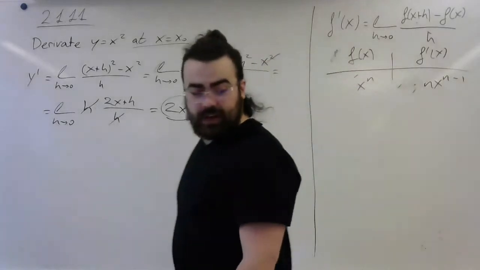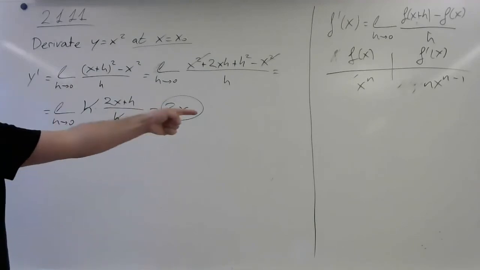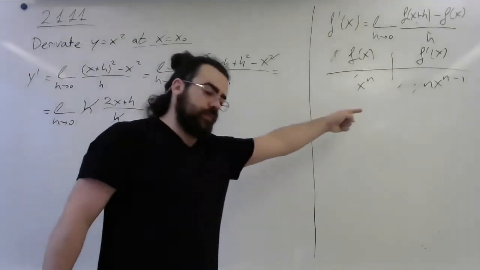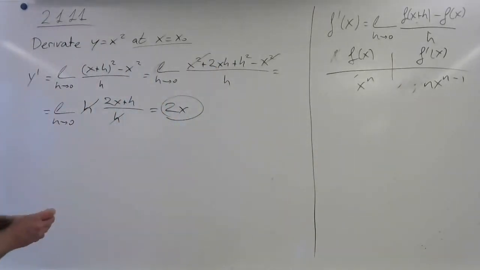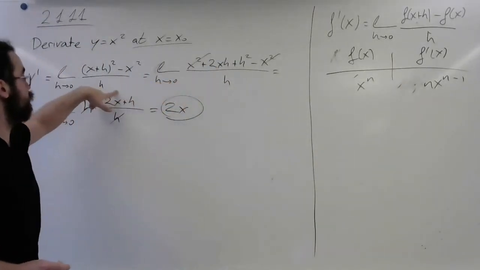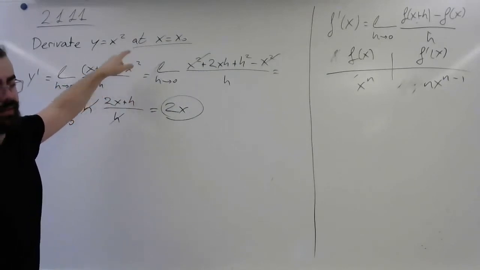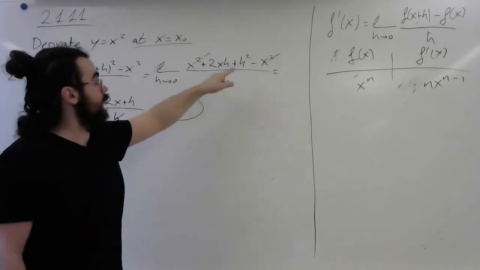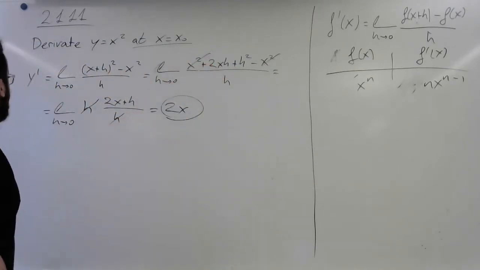More generally speaking, if we are dealing with a function of the form x to the power of n, the derivative is n times x to the power of n minus 1. So each time we do this procedure here, if instead of a 2 we put an n, the term in x to the power of n cancels here, and what we have is that small little beautiful monomial over there.